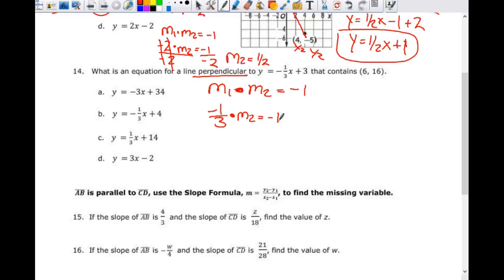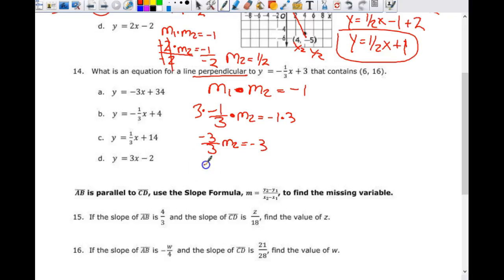We need to get rid of this 1/3, right? There's a 3 on the bottom, so what are we going to multiply the top by? 3. We can't just multiply one side by 3, right? We have to multiply both. 3 times negative 1 is going to be negative 3 over 3 times m2 is equal to negative 3. Negative 3 divided by 3 is what?